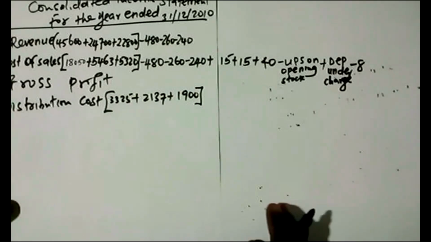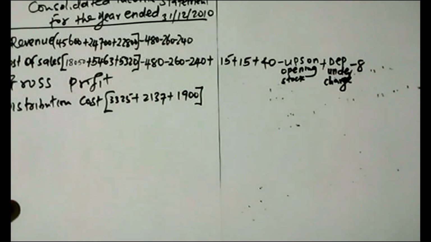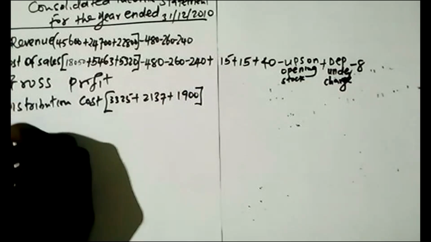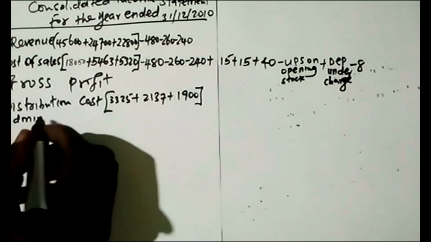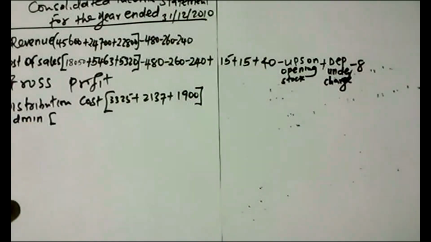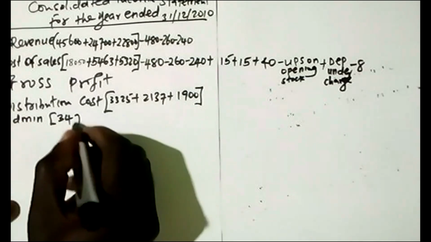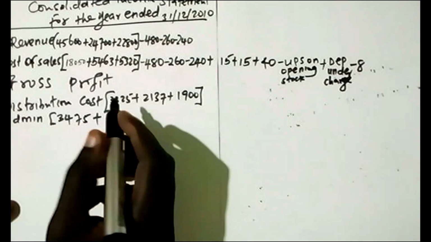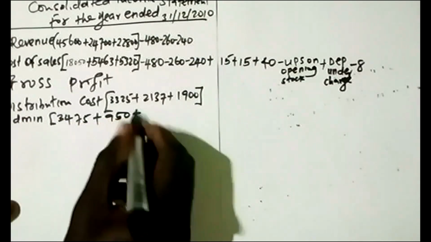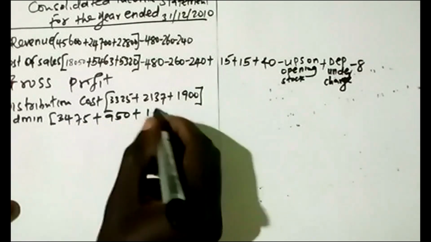The next, admin. This one I'm just picking from the question directly. There is no adjustment. So 3475 plus 950 plus 1900.